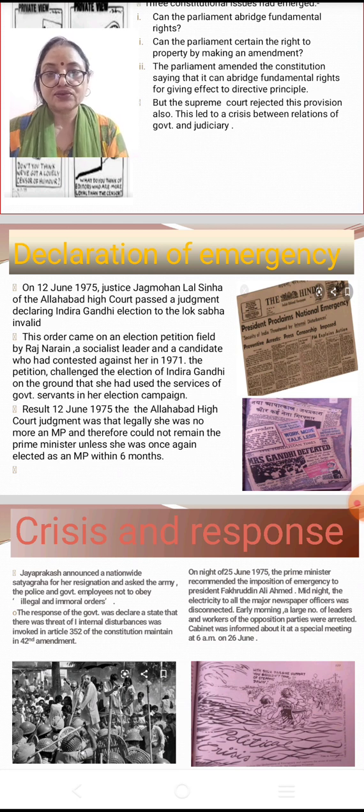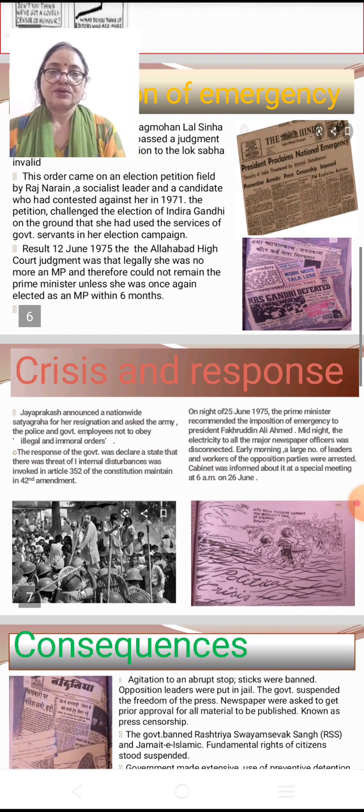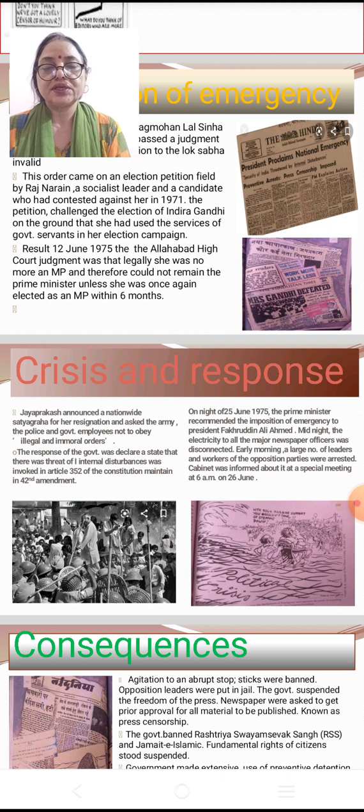When the verdict came on 12th June 1975, legally she was no longer an MP. The election was invalid, so naturally she could not remain PM as she was not an MP. But later, on the appeal of Indira Gandhi, she got a stay order for some time.